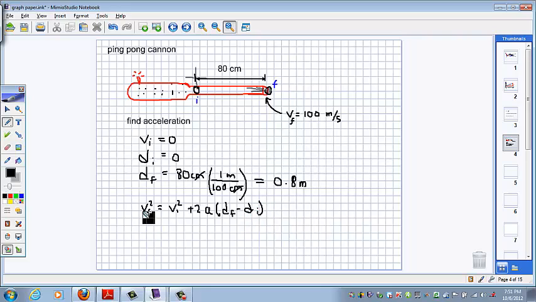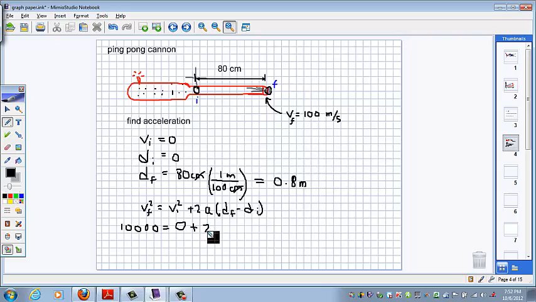So let's do it. Final velocity is 100. 100 squared is 1 with 4 zeros, so 10,000. Our initial velocity must be 0 since we started at rest. 0 squared is 0.